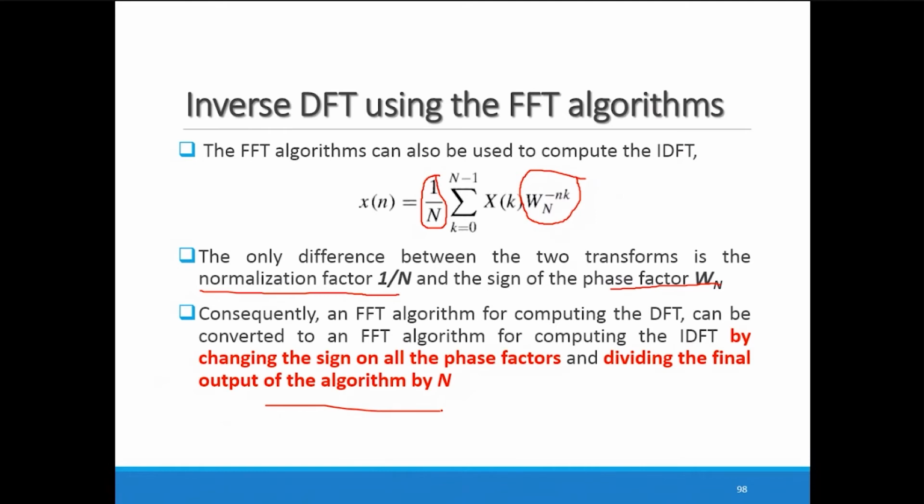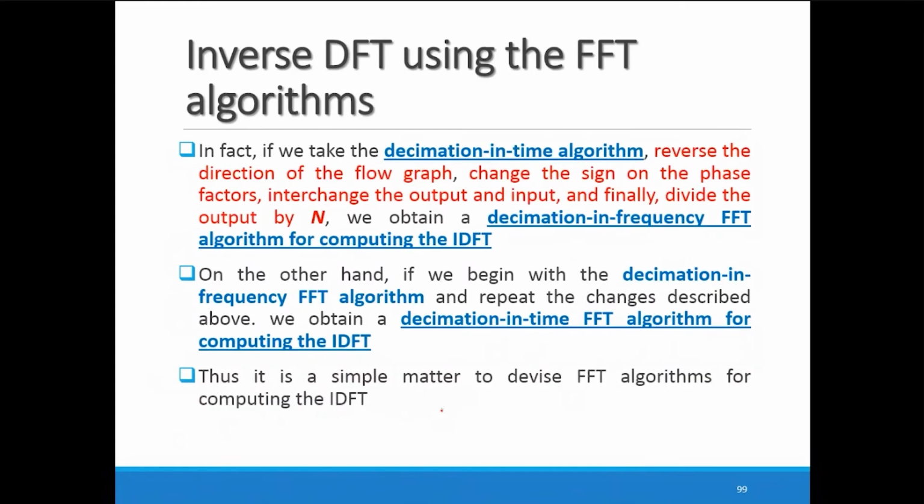Let me show you this. Take, for example, the decimation in time, or DIT, FFT algorithm. The first change is reversing the direction of the flow graph. Second, change the sign of the phase factors or twiddle factors, positive to negative and negative to positive. Last, interchange the output and input positions, since we are changing the direction of the flow graph.